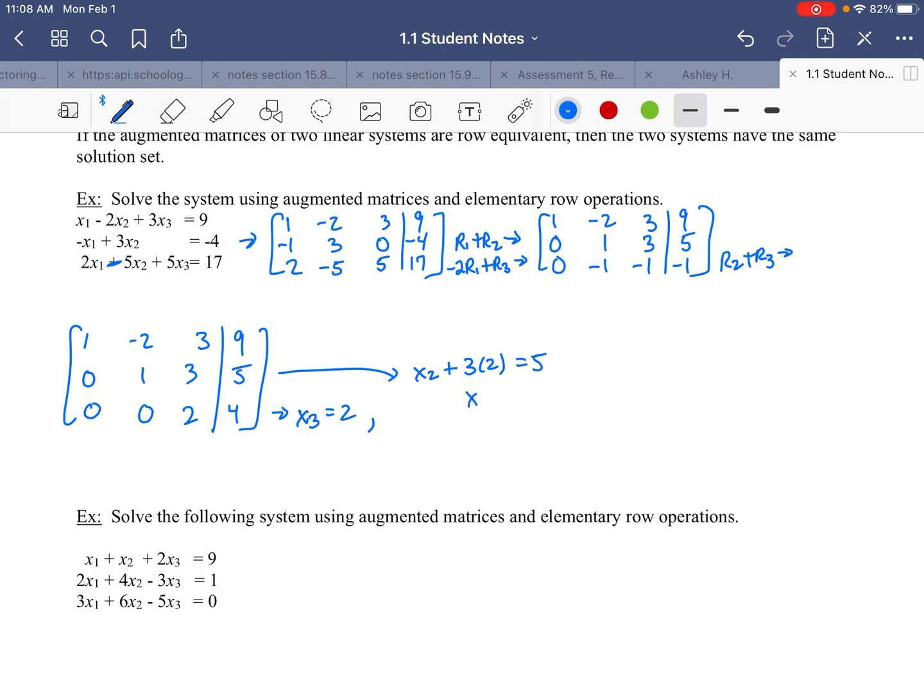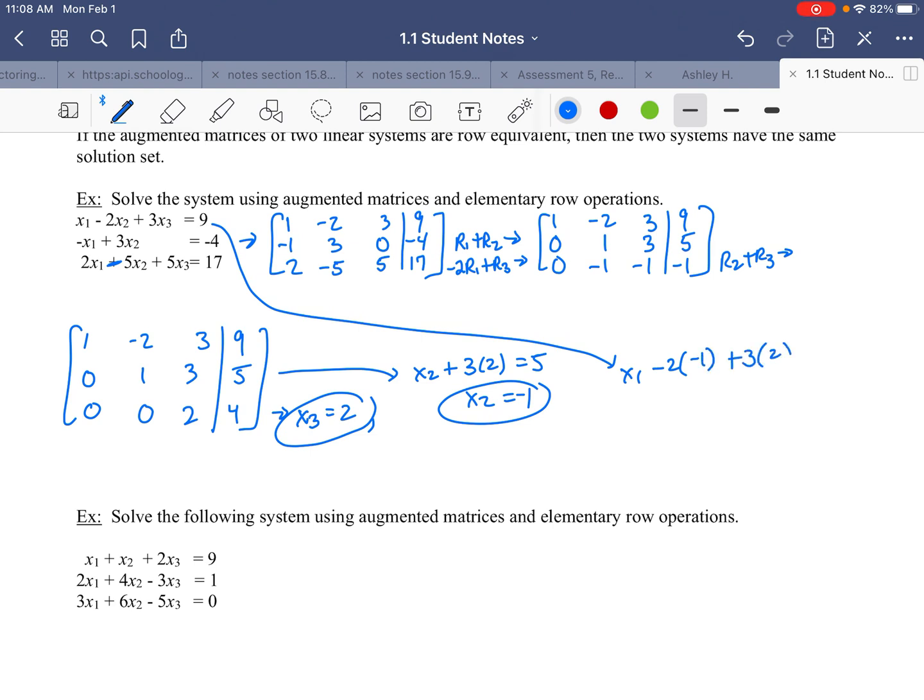So that means that x2 is equal to -1. And then you can put it back in any equation you want, but I'm going to put it in the top equation. I have x1 minus 2 times x2, which is -1, plus 3 times x3, so that's 2 equals 9. So let's see, that's x1 plus 2 plus 6 equals 9, so x1 must equal 1. So I get my solution, 1, -1, 2.